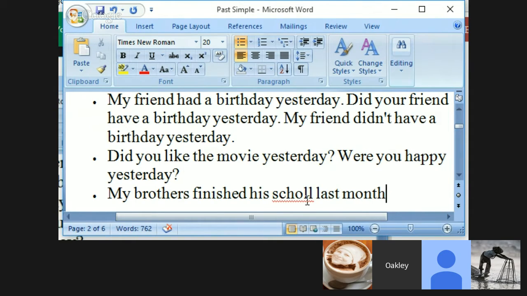Okay. Whoops. I misspelled school. How terrible. Okay. My brother, singular, finished school. Yes. Okay. My brother finished his school last month. That's fine. Okay. Important point here.